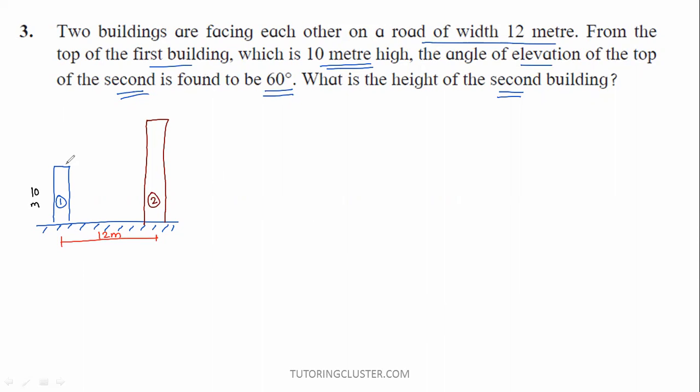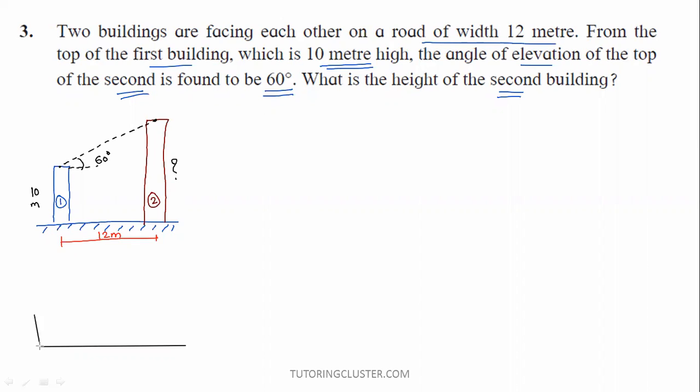The angle of elevation. So this is going to be your angle of elevation. How much is this? 60 degree. So they have asked you the height of the second building. If I have to draw the line diagram, how is it going to look? This is your ground.